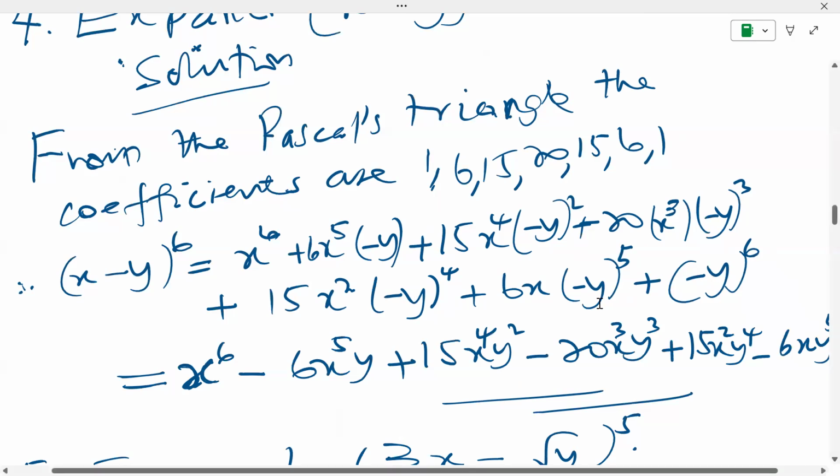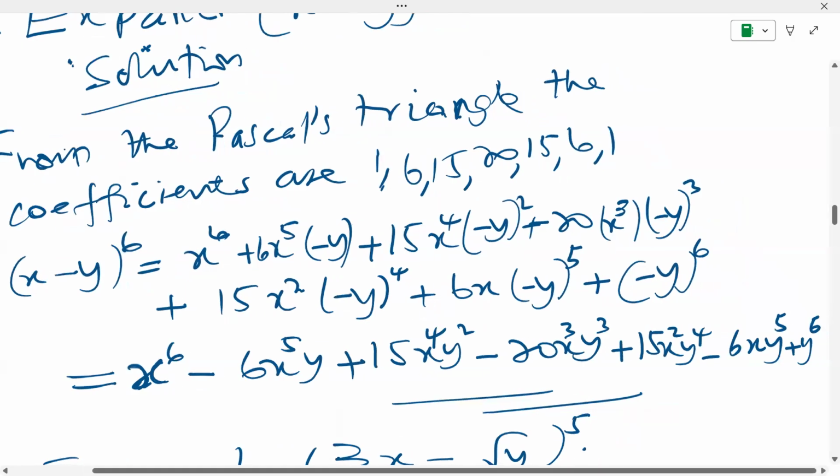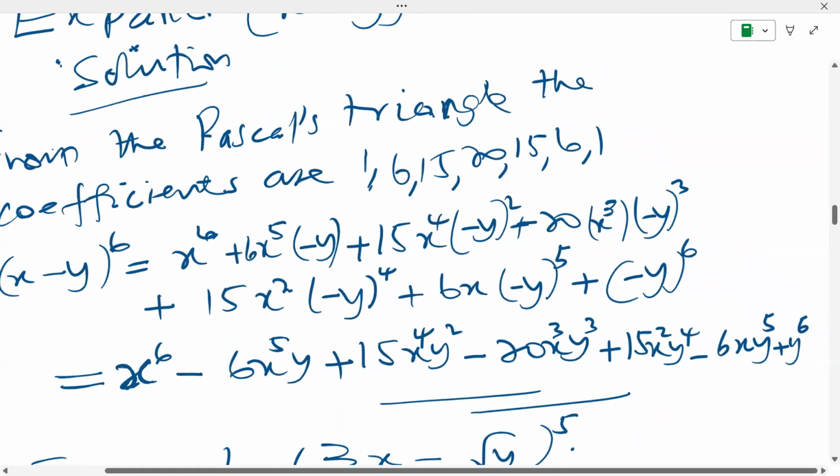So we take our time and then we do the simplification. This will give us x raised to the power 6. Over here, we got our minus 6x raised to the power 5 y. Over here, we shall get 15x raised to the power 4, y squared, positive, then 20x cubed, then this will be minus y cubed, so the minus will come here.